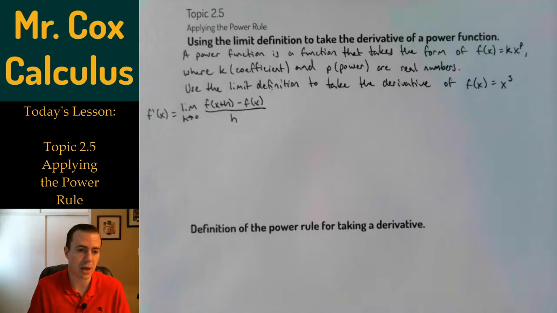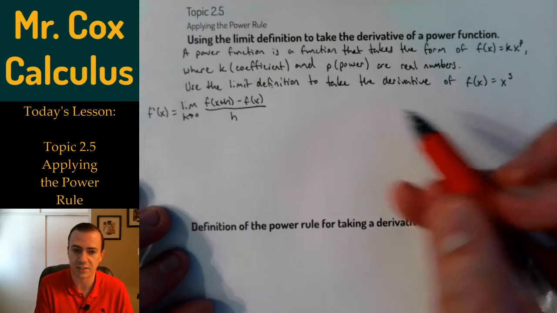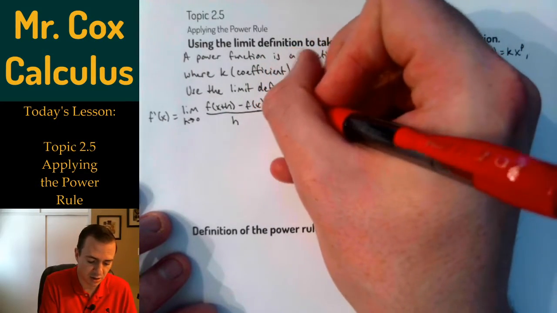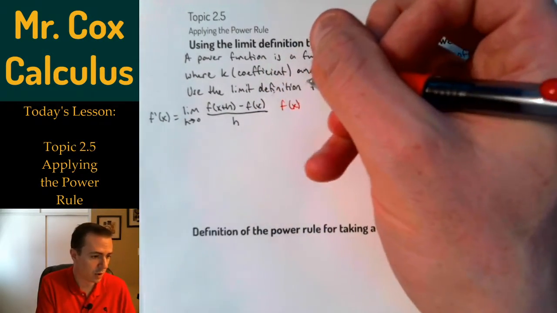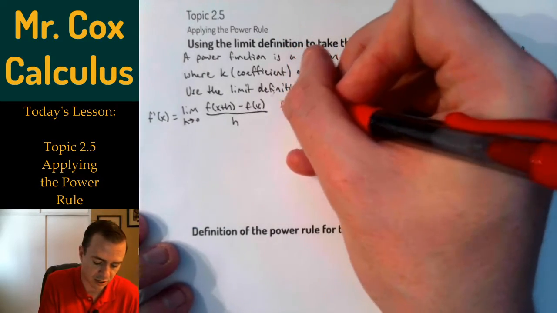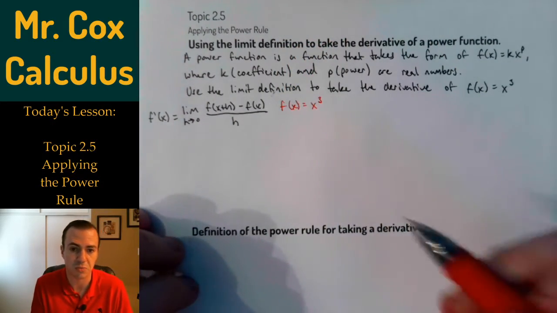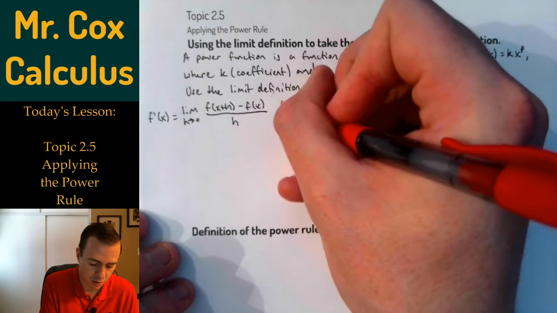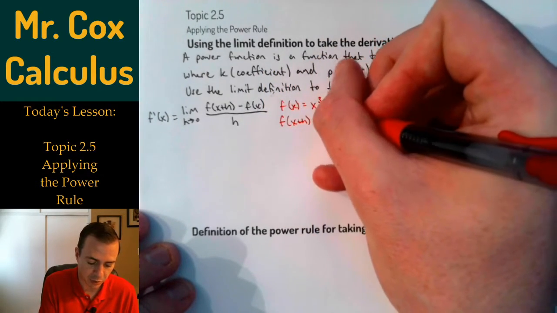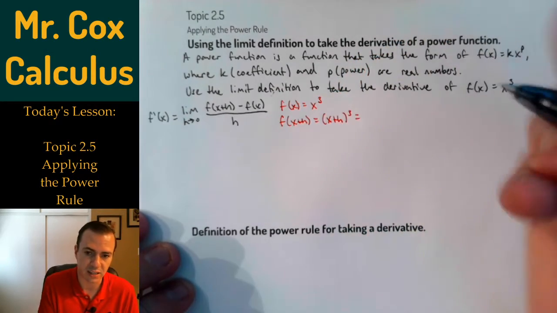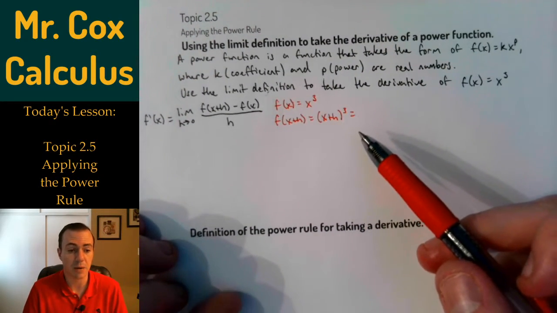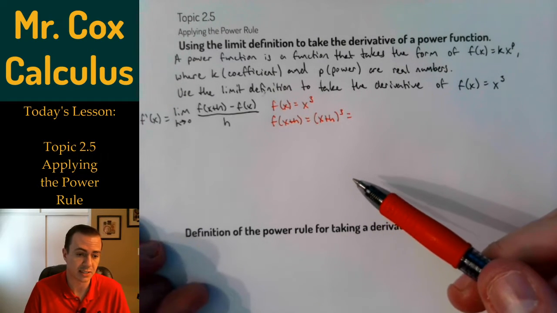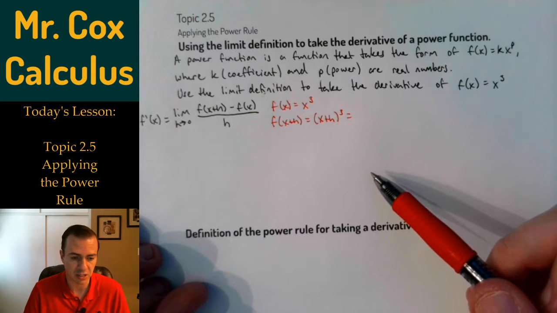Just as I've done in the past, I'm going to do a little bit of bookkeeping off to the side because I need to know what f of x plus h is, and I need to know what f of x is. F of x is x cubed. We already know that. F of x plus h is going to be x plus h, quantity cubed. I'm going to go ahead and give this to you. You could multiply x plus h times itself and then multiply it by x plus h again.